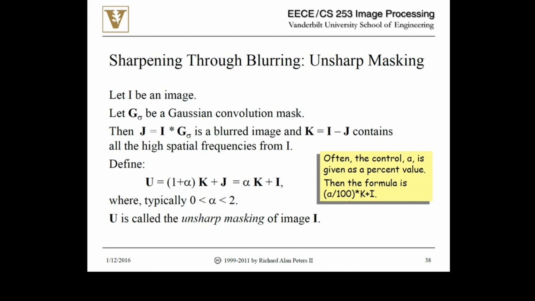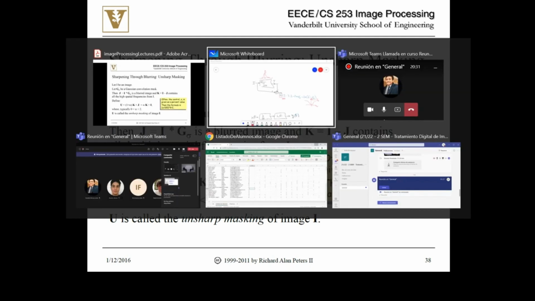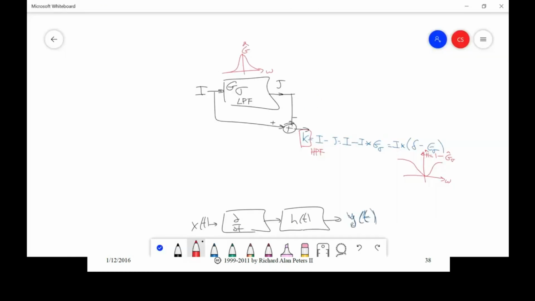Now we construct the unsharpened image, which is I plus alpha K. This one goes with the weight alpha.